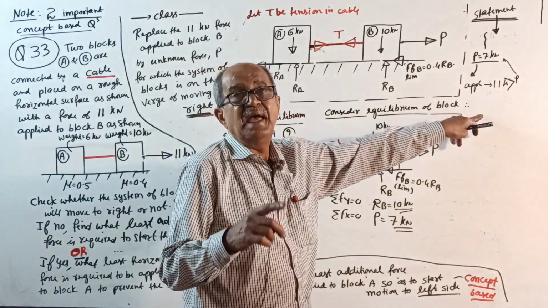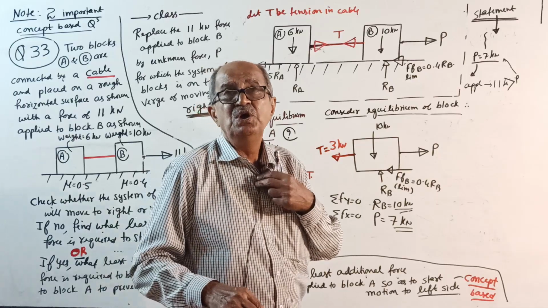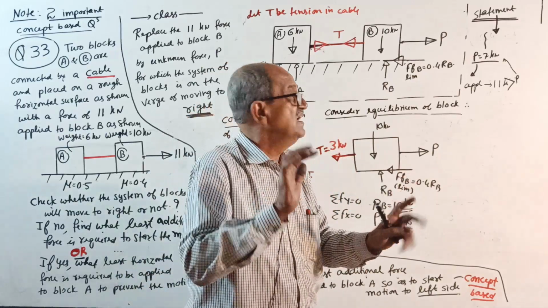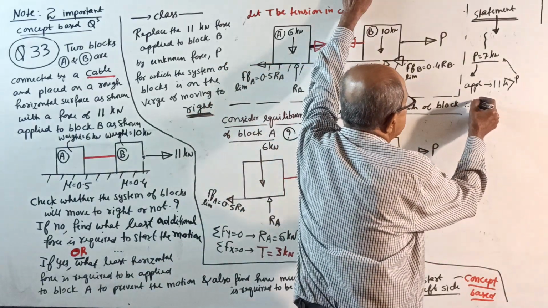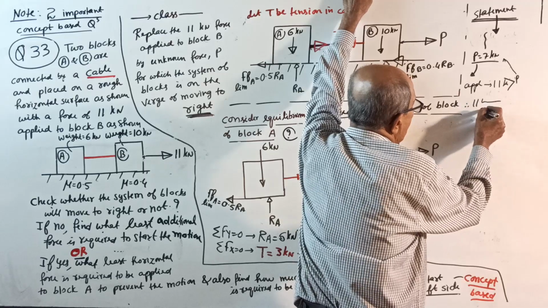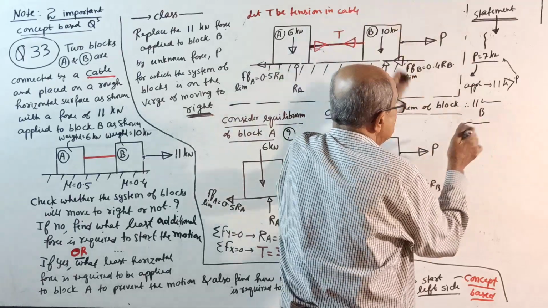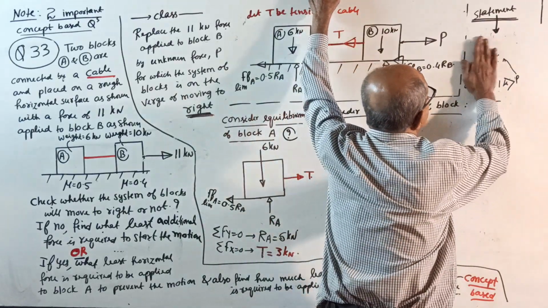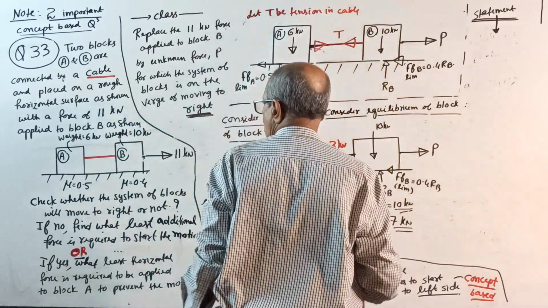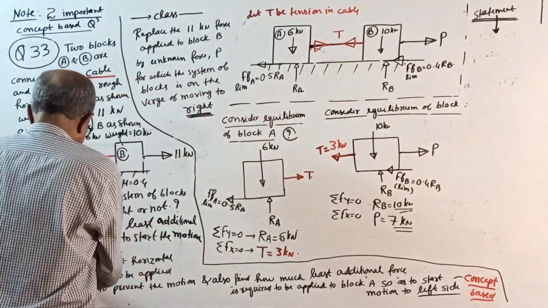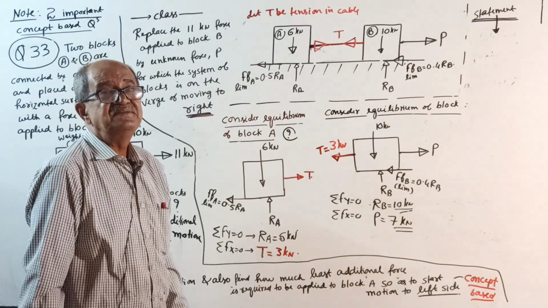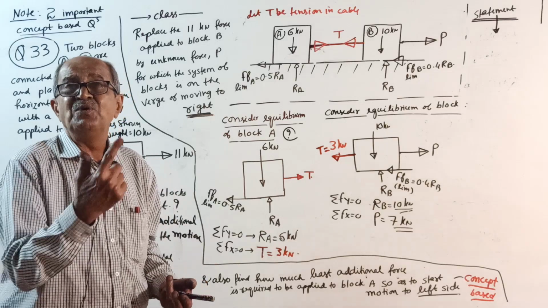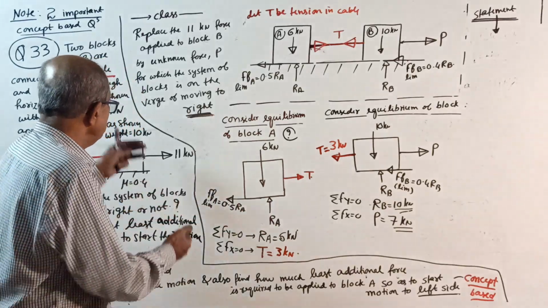Therefore, that applied force of 11 kilonewton to block B will result in motion of the system to right side, right? Okay, then, now, further. If yes, this time the answer is yes. Last time the question was no: how much extra force required? Now, this is more than required.